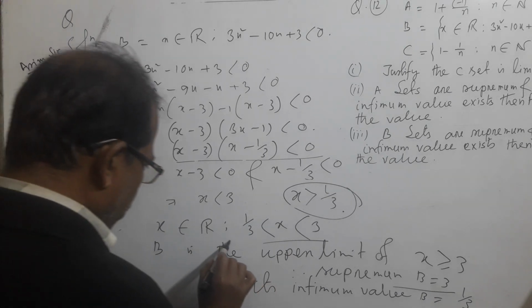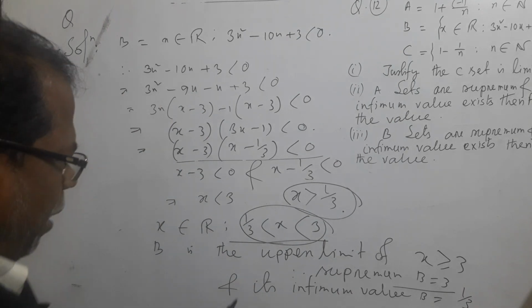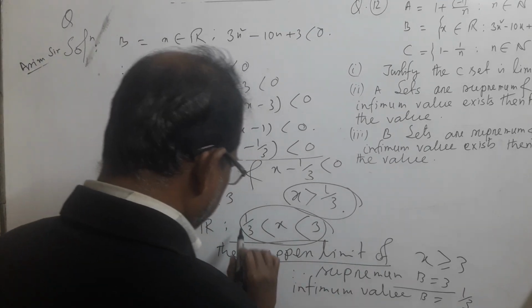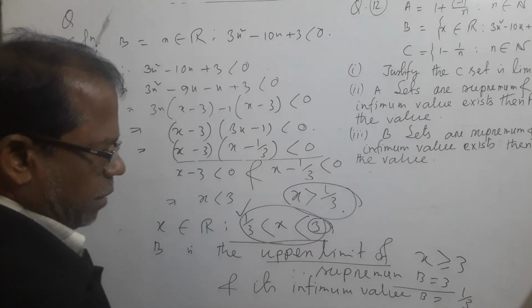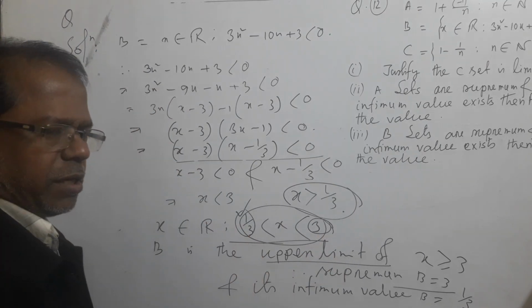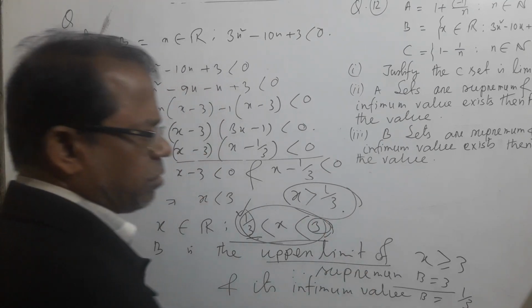So the upper limit is 3 and the lower limit is 1 by 3. So that's why 1/3 is the infimum point and 3 is the supremum point.